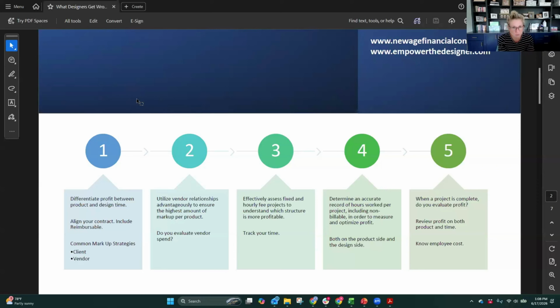So just make sure that you're clear in what your starting point is, and that will then drive a lot of this conversation. We'll talk a little bit about vendor relationships and how to ensure that you're utilizing them to the best of your ability.